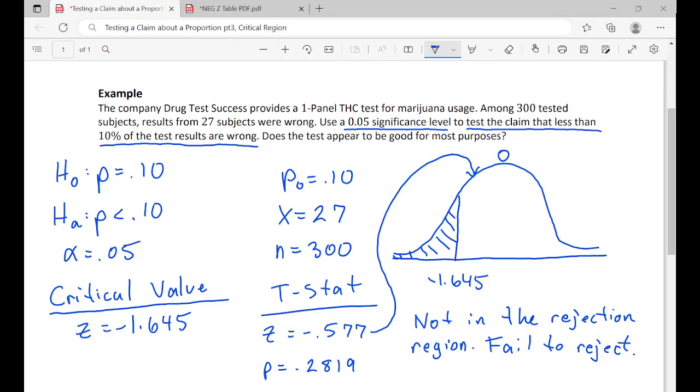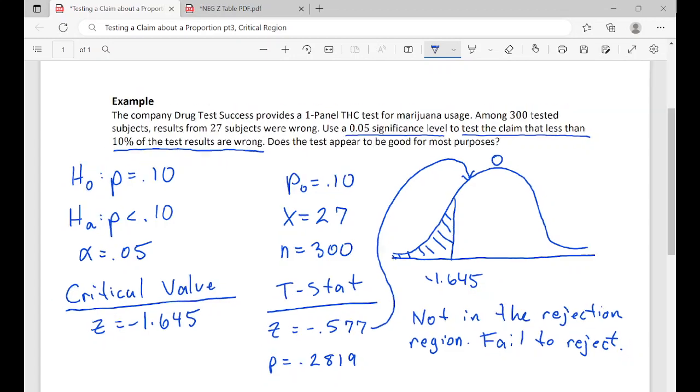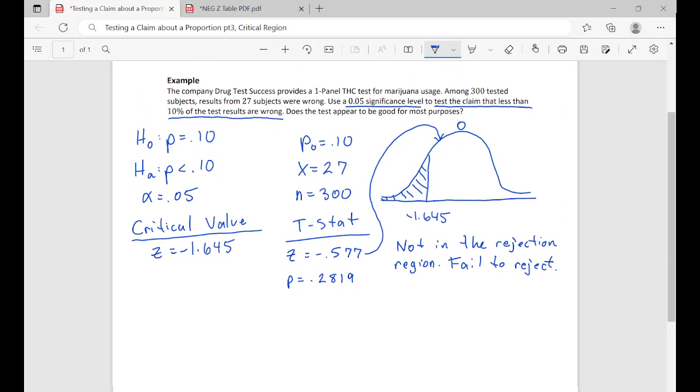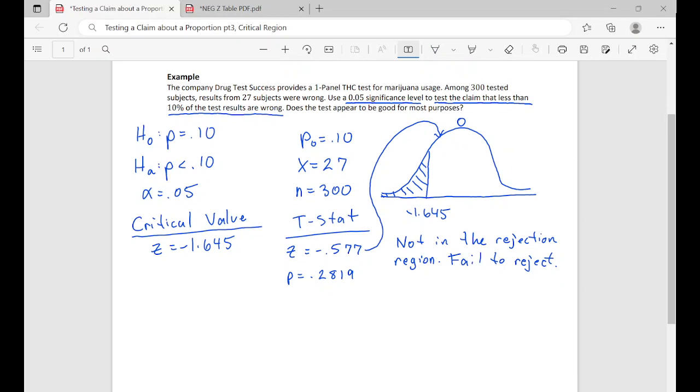Now we need to actually write out our answer as a sentence. Since we failed to reject, we do not have enough evidence.